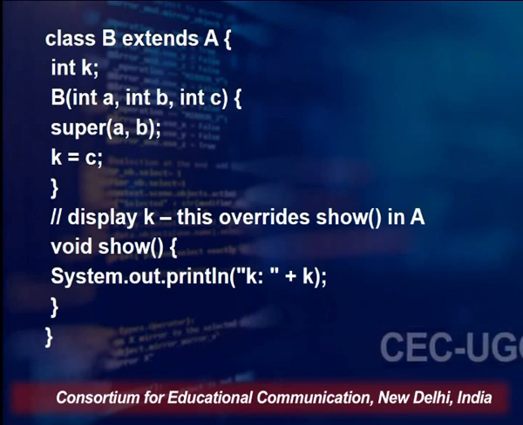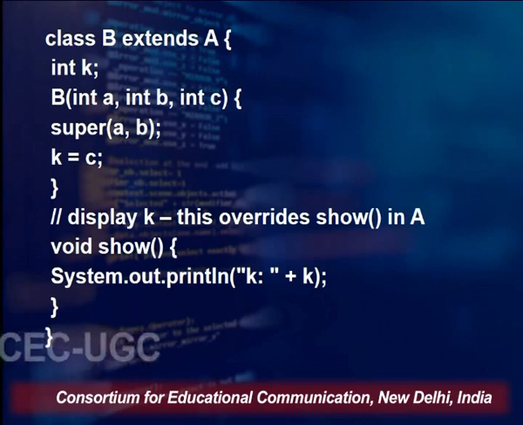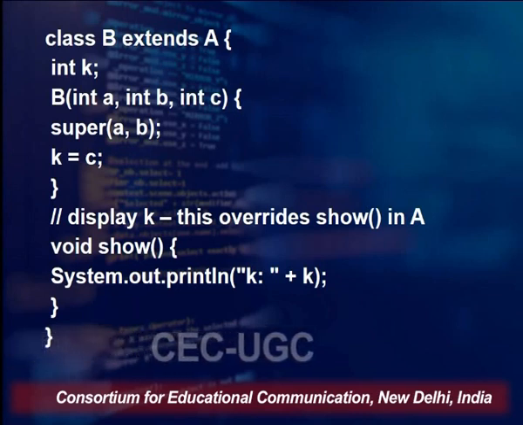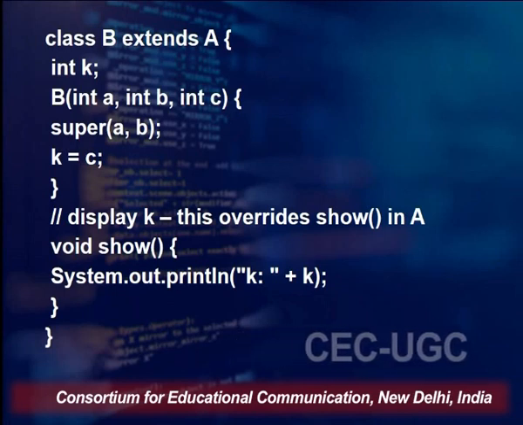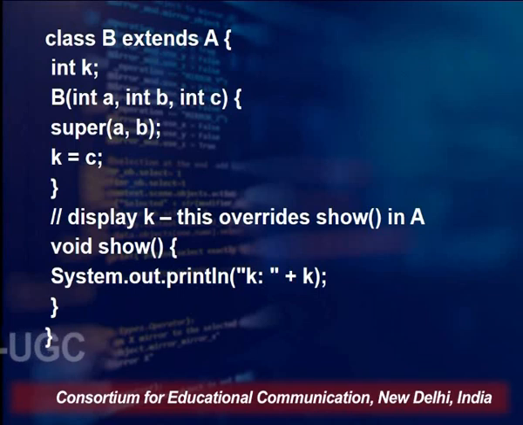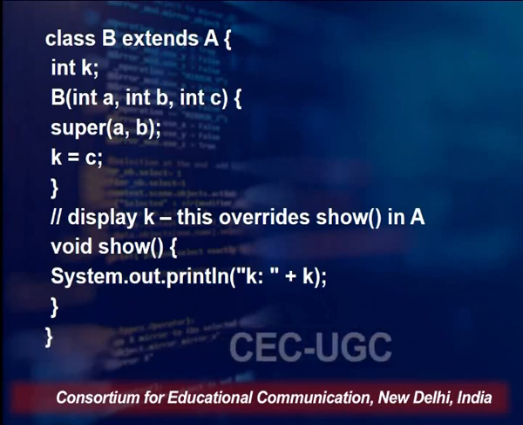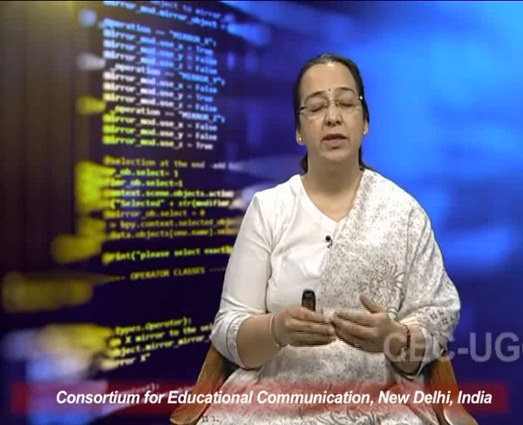Now your class B has extended class A. That means it now has two versions of show: one version which is inherited from class A, and another version which is its own.